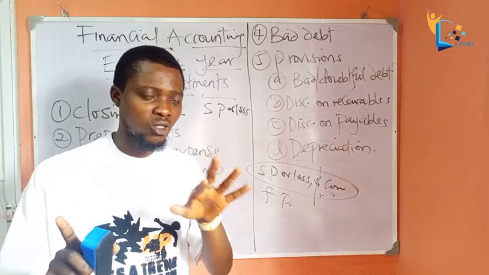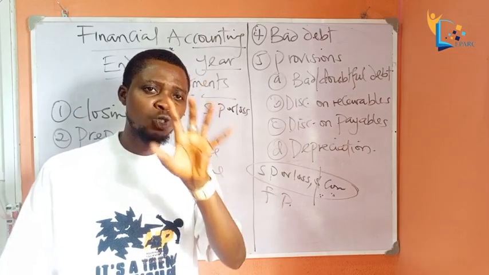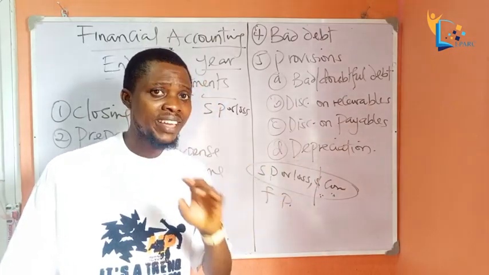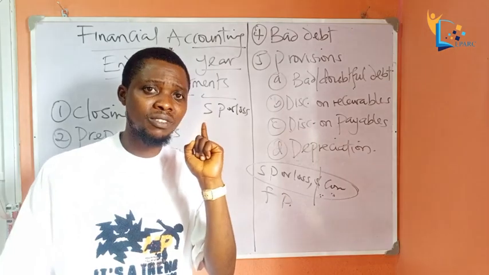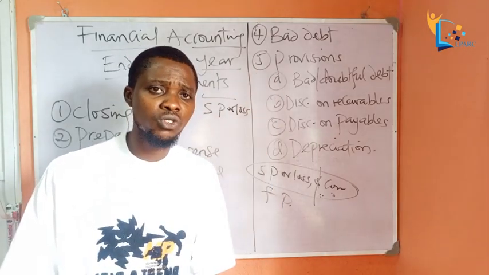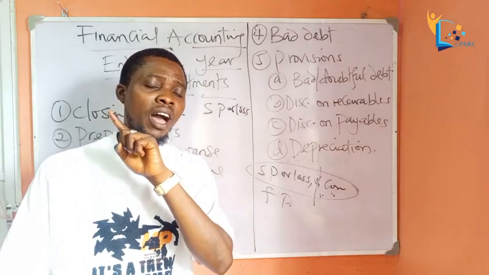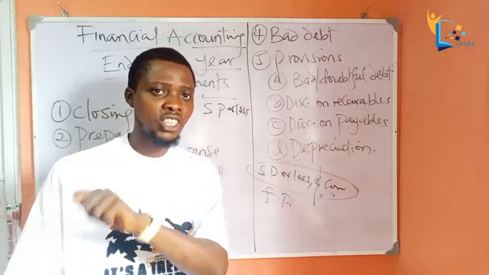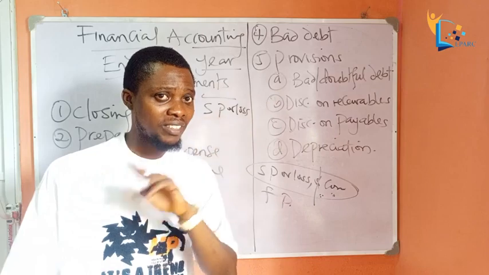When we begin to solve the question, you will understand. So when a bad debt is recorded on the trial balance, you just treat it as expense. It doesn't appear in the financial position. But when you have information about bad debt in the footnote, then it appears as expense, and it affects the receivable account in the financial position. Do you understand? So it's appearing in two places now.